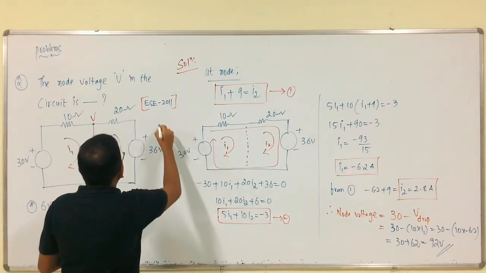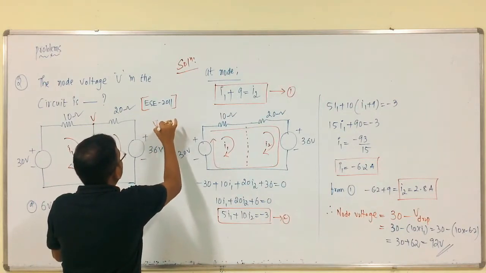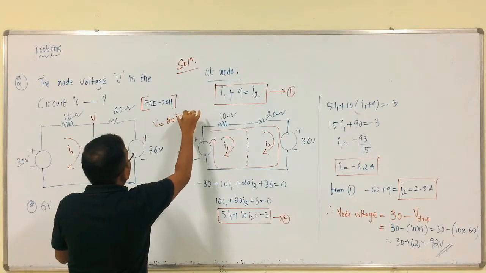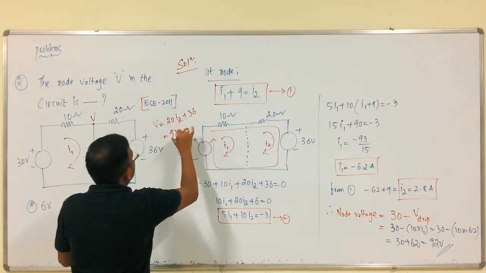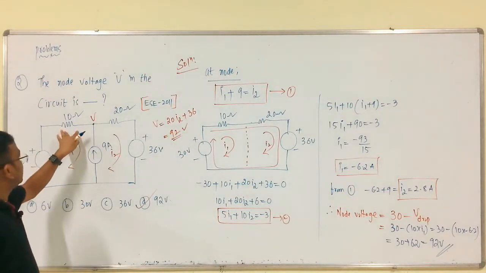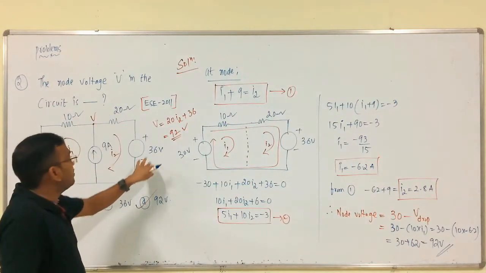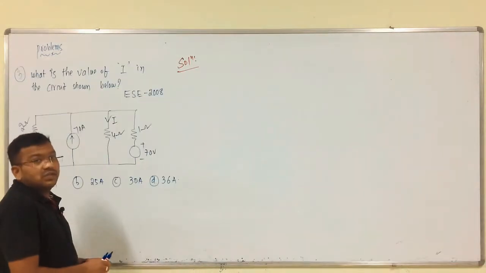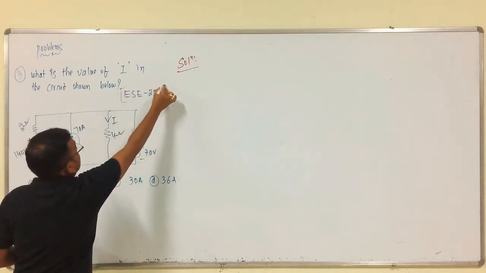Or we can get V is equal to 20 I2 plus 36, which is equal to 92. We can get it like this, 30 minus this, which is equal to V, or this plus this, which is nothing but 92. Next, third problem is ESC 2008 problem.